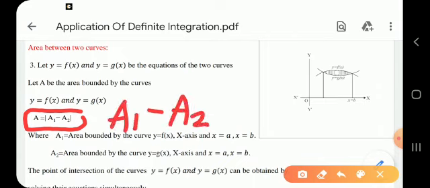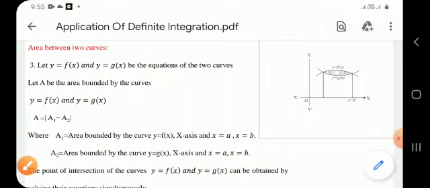That is, firstly we find the area of A1. For this we consider y is equal to f of x, and then we find this area A2. For this we consider the curve y is equal to g of x, then x is equal to a, x is equal to b, and our x-axis.